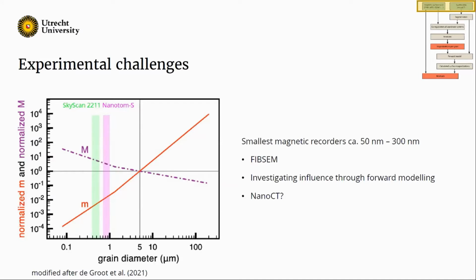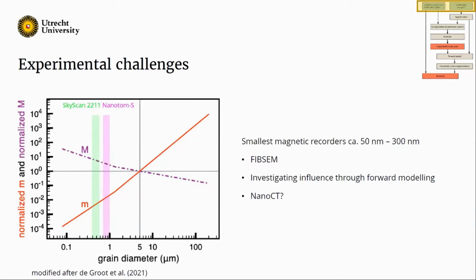The smallest grains are approximately 750 nanometers. But as can be seen in the graph, those are not the smallest grains that record a magnetic field. So in the summer, we can hopefully start measuring at a different CT scanner, which actually goes down to 300 nanometers. That's already a lot better, but still not down to 50 nanometers, which is sort of the boundary for magnetic grains to record the magnetic field.